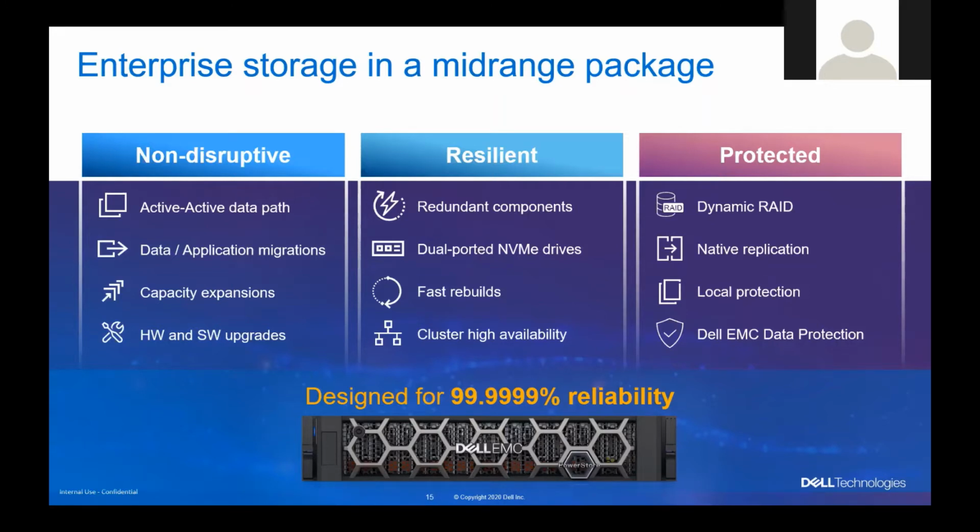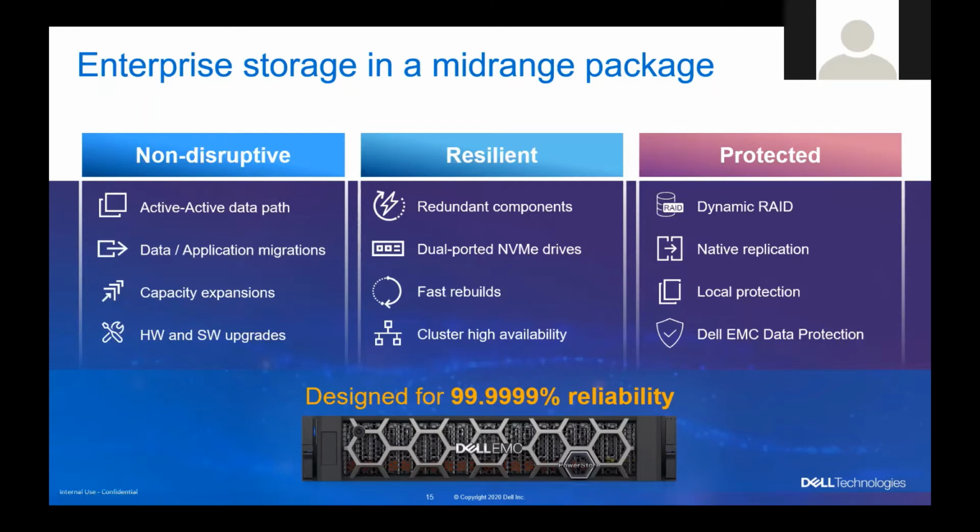Code upgrades are done in a rolling and coordinated manner, so that the data path is always active on one controller to keep changes 100% non-disruptive. And again, there's the resiliency of the dual-ported NVMe drives.